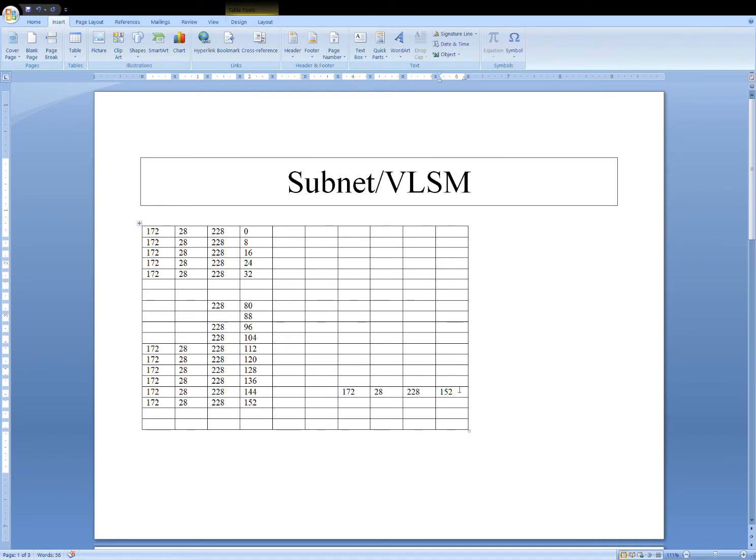Well, in this case, life is easy because 152 minus 1, that's 151. So that is what I'm looking for. That's the network. That's the broadcast address.